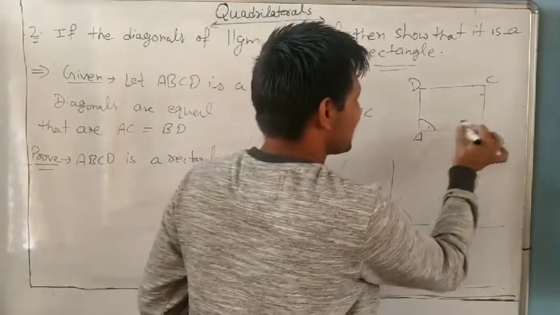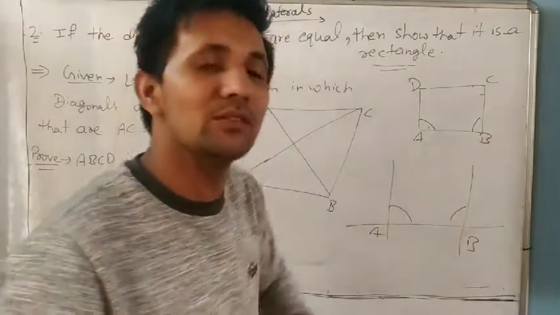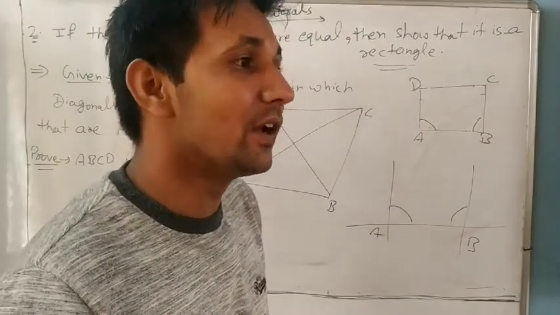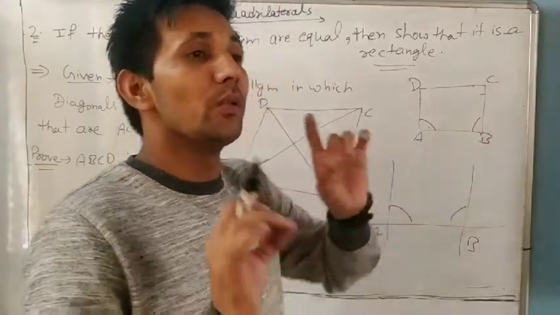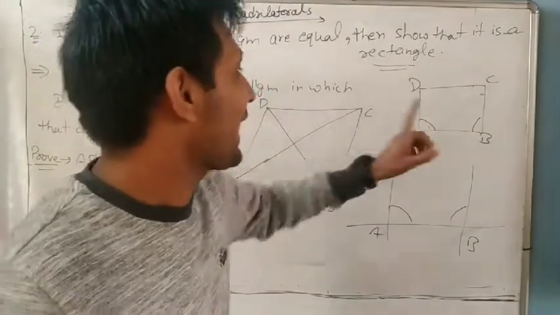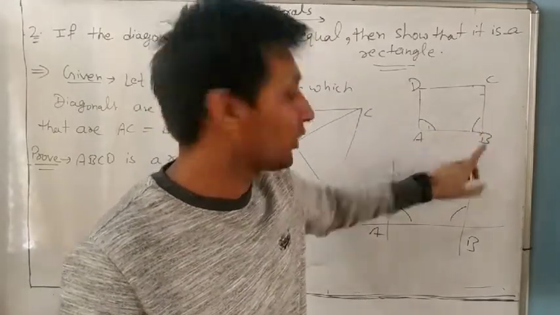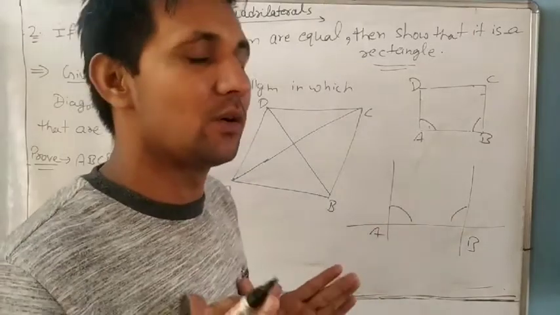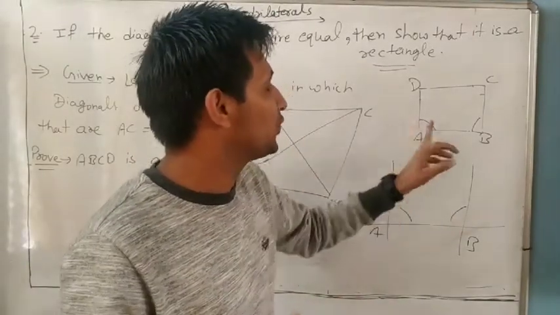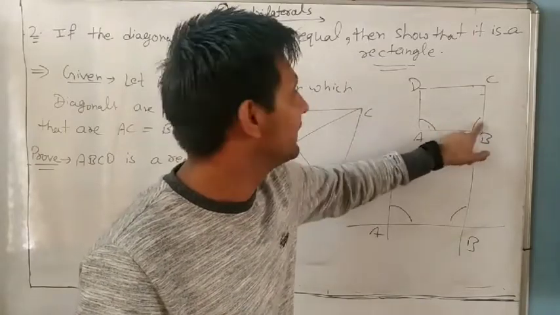If this angle and this angle, A and B, sum to 180, and we want to show that each is 90, then anyhow, if we prove that angle A equals angle B, since angle A plus B is 180 because the sum of interior angles on the same side is always 180, then angle A is 90, and B is also 90.